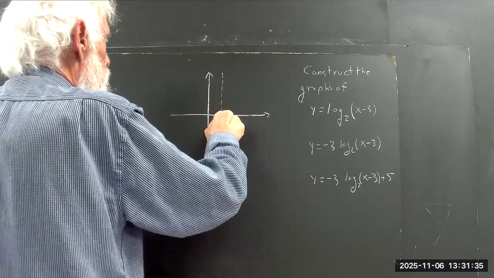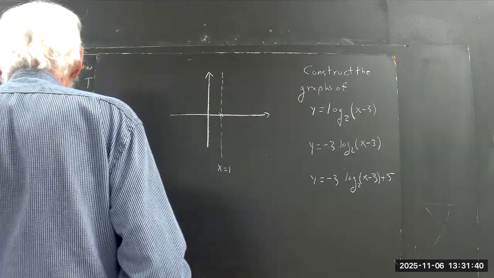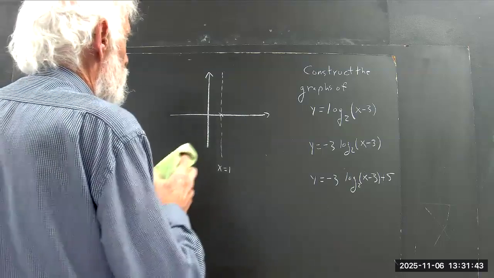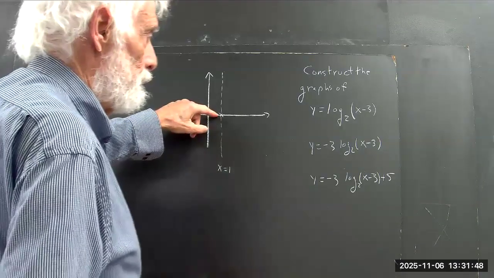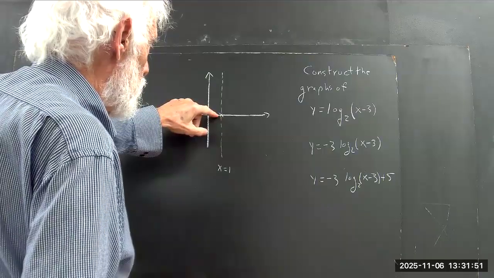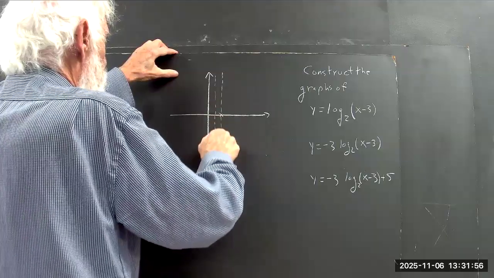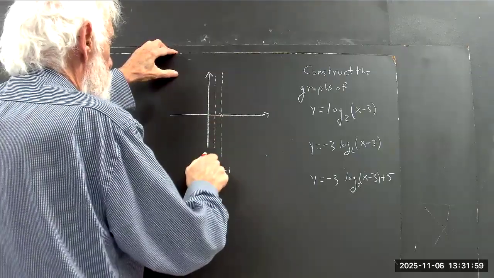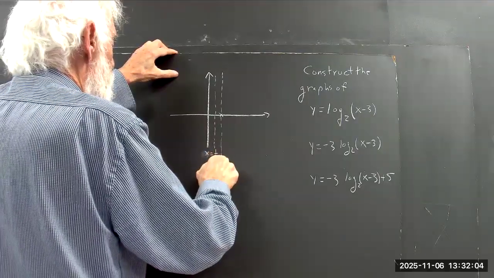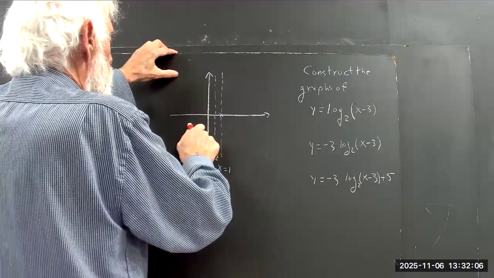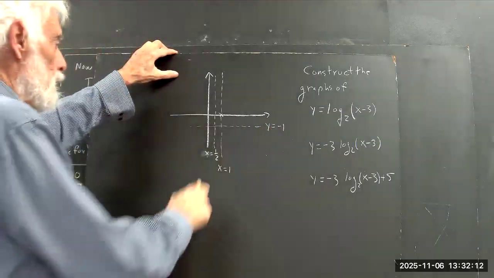X equals 1, Y equals 0. When X equals 1/2, y equals -1.